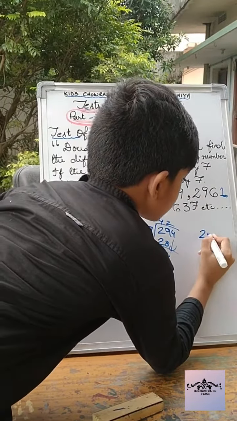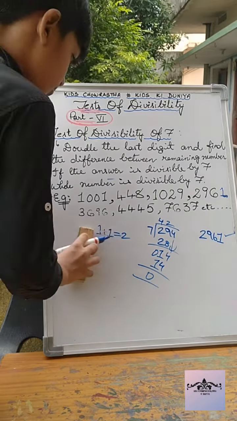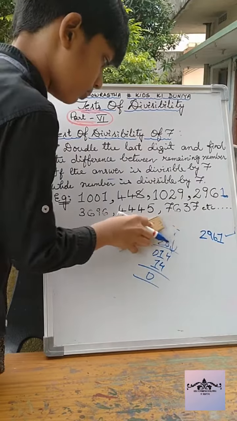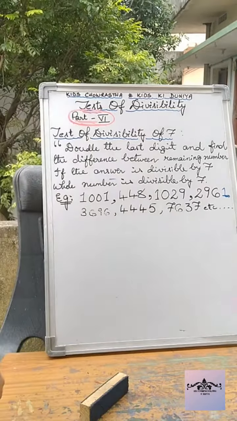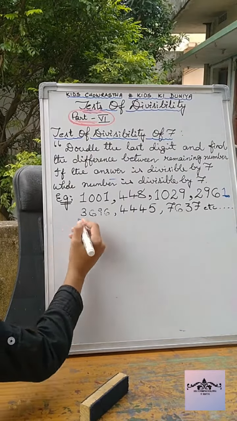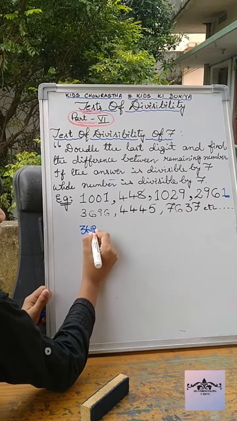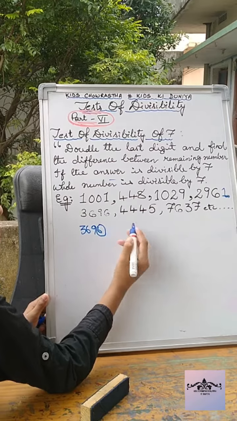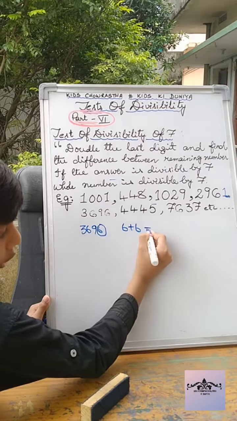Okay, our next number is 3696. Last digit we are taking, which is 6. 6 plus 6, 12.